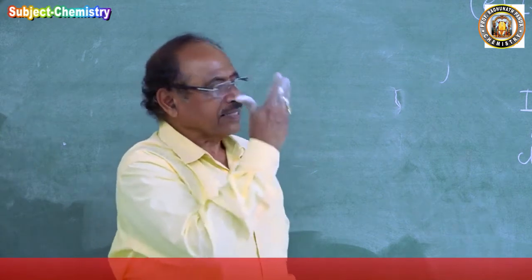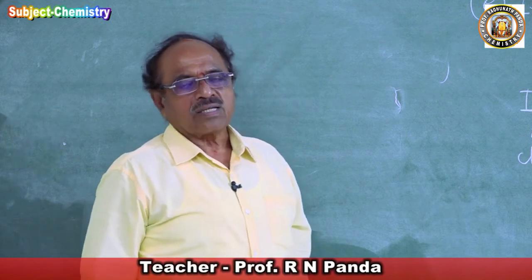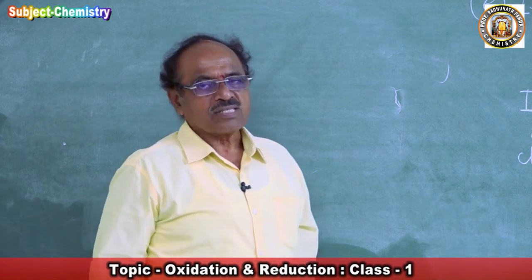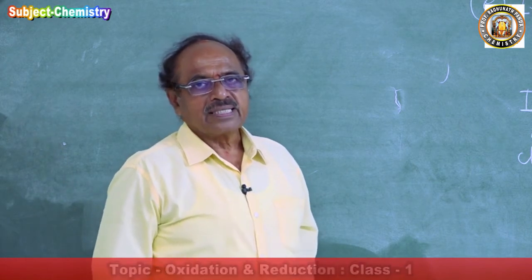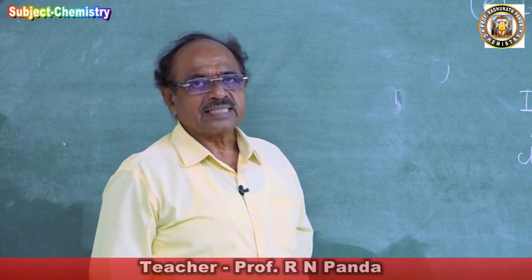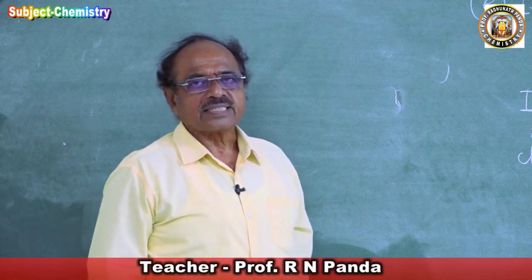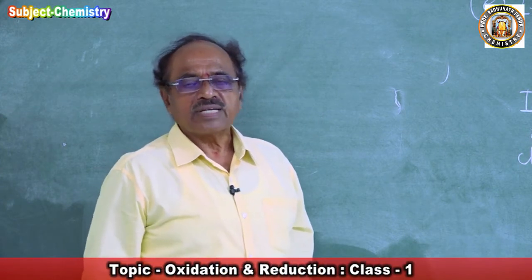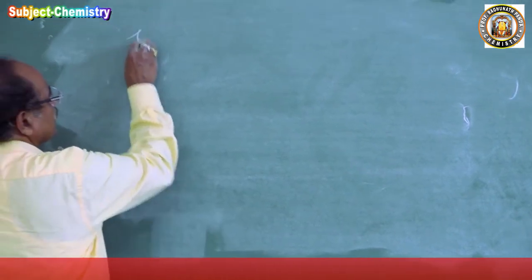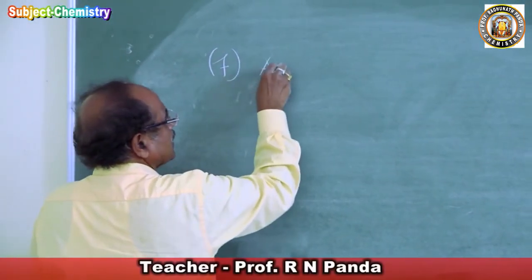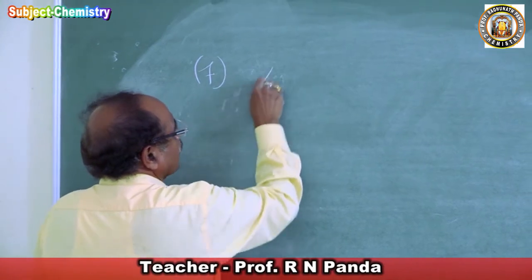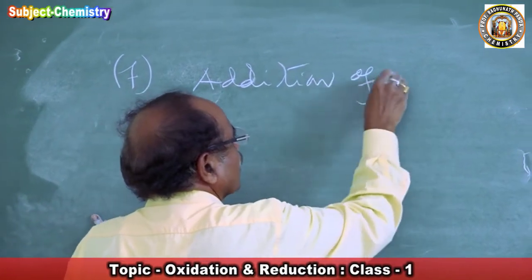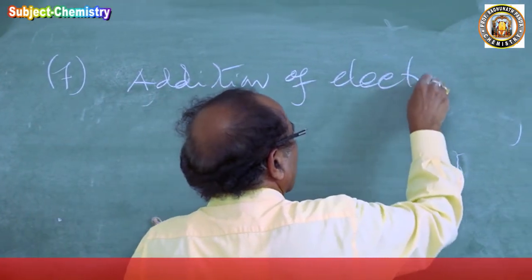Then all these reactions which were known as addition of hydrogen, removal of oxygen, decrease of electronegative element, decrease of positive valence state, increase of negative valence state, all these are one thing happening, that is called addition of electron. So we'll say now, any process in which there is addition of electron is reduction.